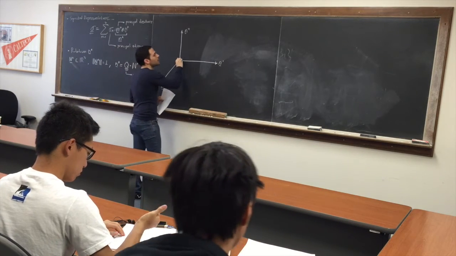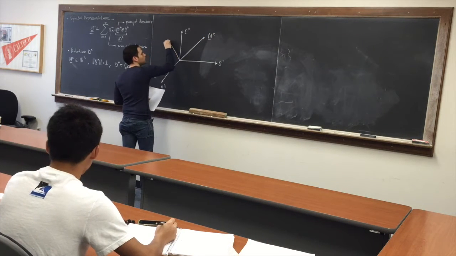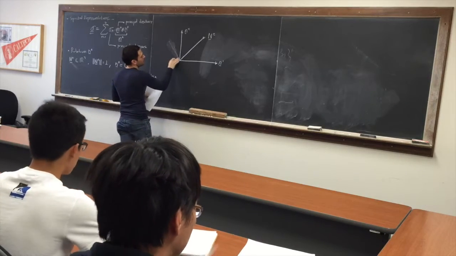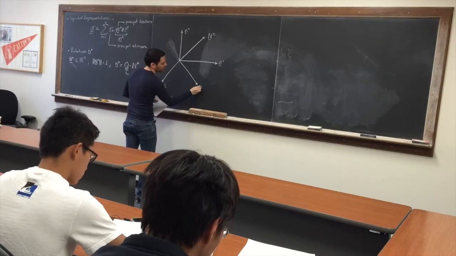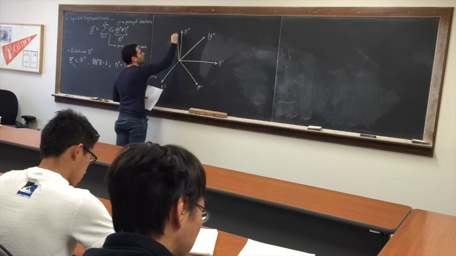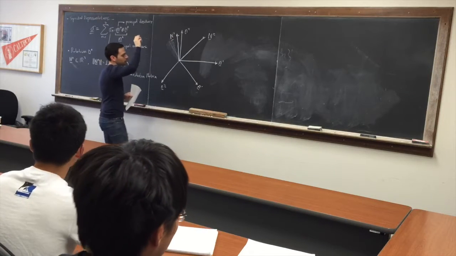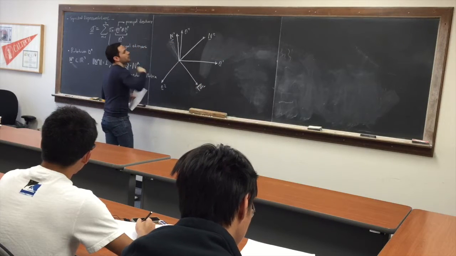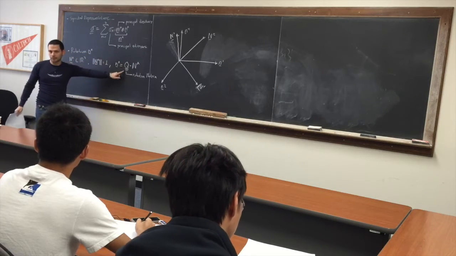So for instance, you have here N2, let's make N1. Something like that. We're rotating the basis by applying this rotation matrix Q.